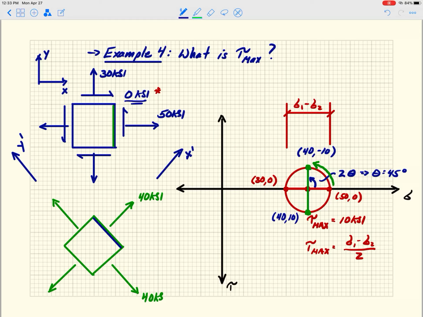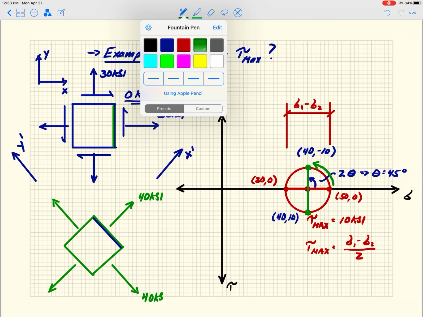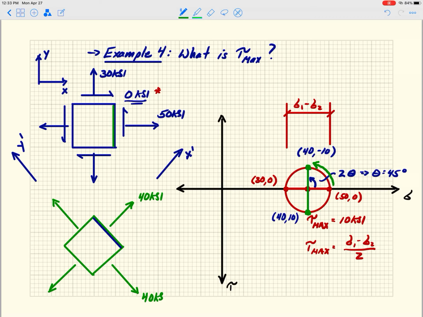Well, it's a positive X prime face, so a negative shear stress would have to go in the negative Y prime direction, like that. And then everything else follows, all looks like that. So that guy there is a negative shear stress.